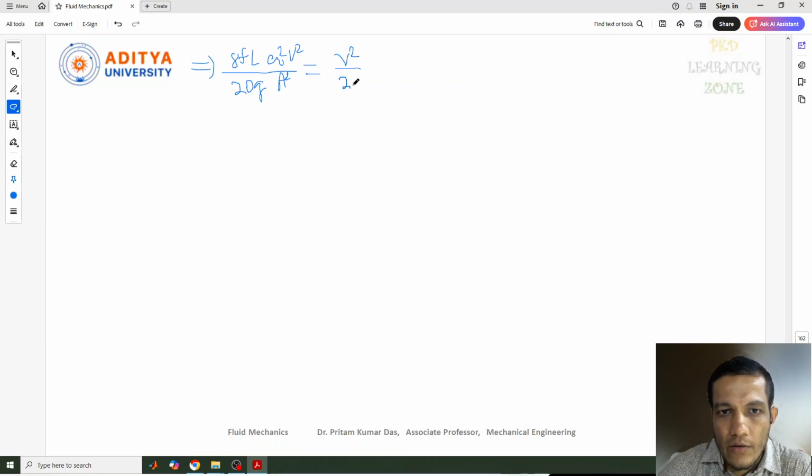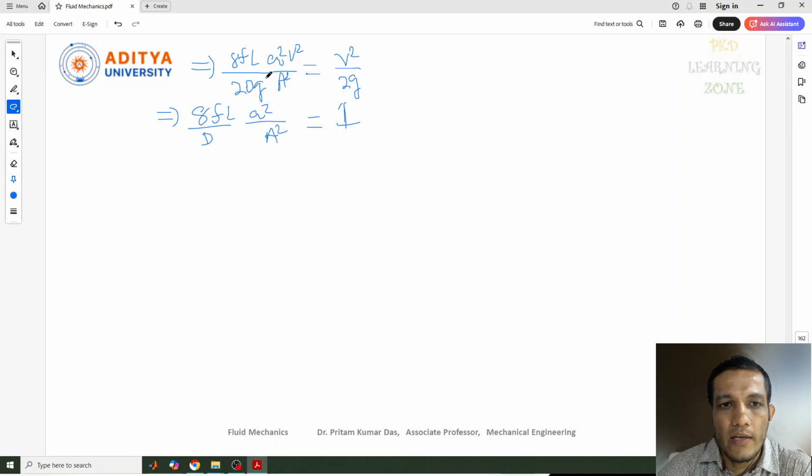Now if you see, v square by 2g is on both sides, so we can cancel it. So we get 8fl by d, and here a square by A square, equal to 1.